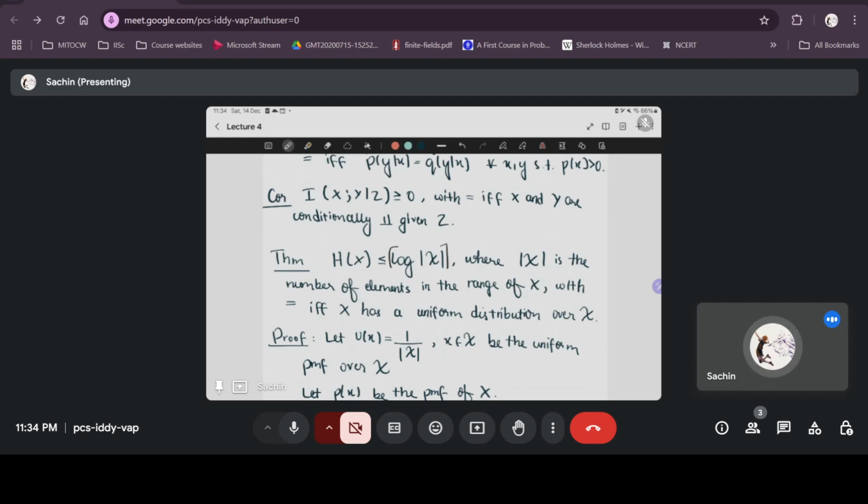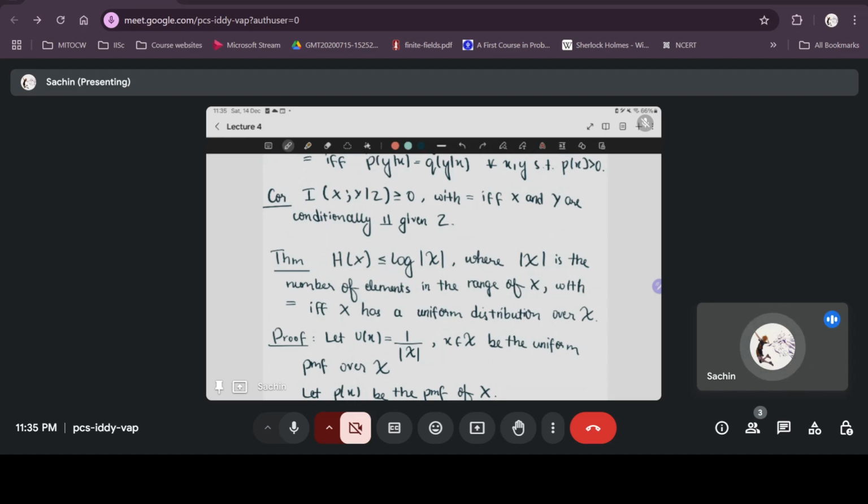Ceiling is the smallest integer that is greater than or equal to that particular value.